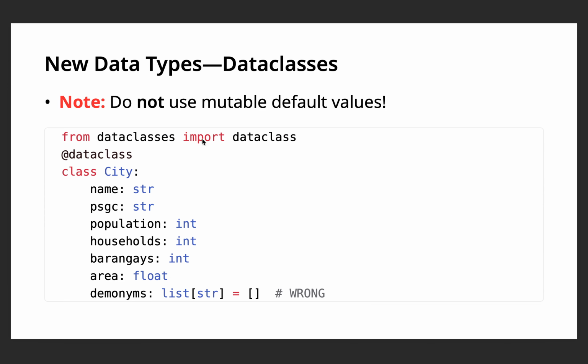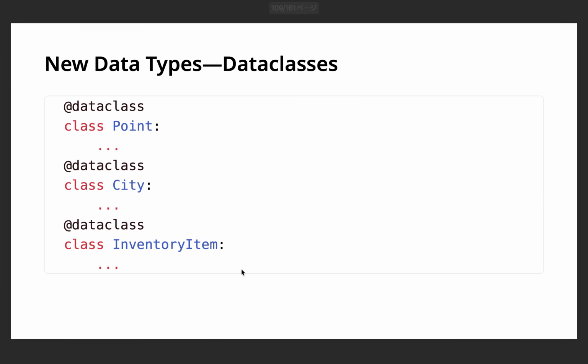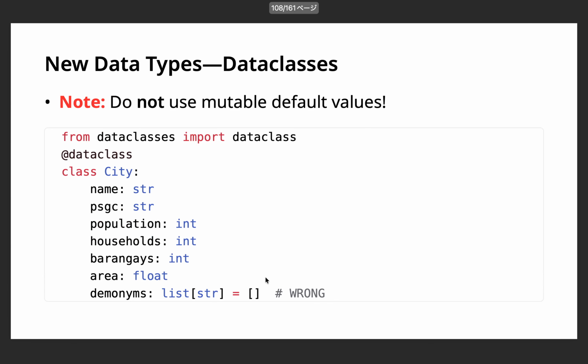Okay, so one major thing to note here is, well, just like with functions, don't use mutable default values for data classes. Yung reason is pretty much the same as the one for functions. So this list will refer to the same list across all instances. Okay, so if you really wanted to, there are several ways to go about this.